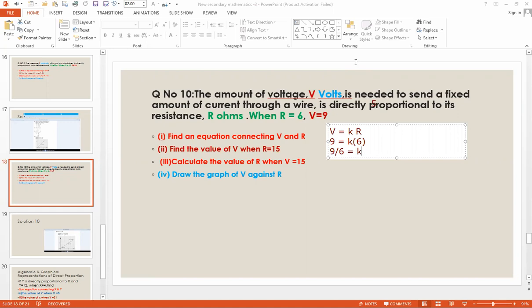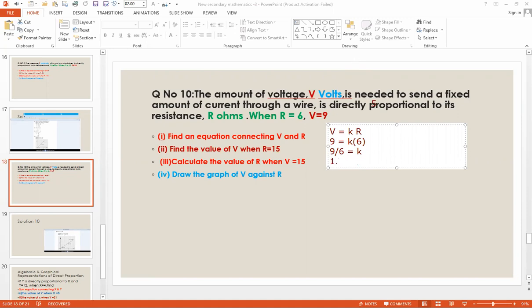And this K value is very much important, as you know, that it shows the proportion of change of the dependent variable. Okay. So simply I divide 9 by 6 and I will get 1.5.